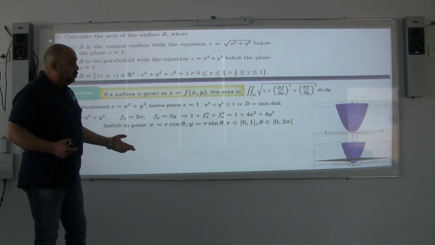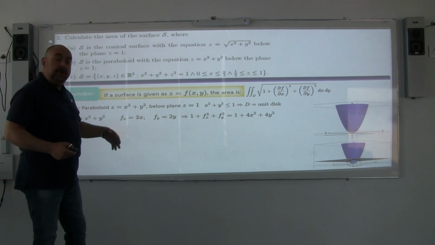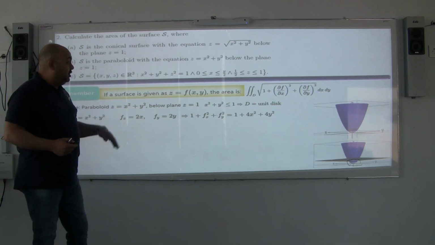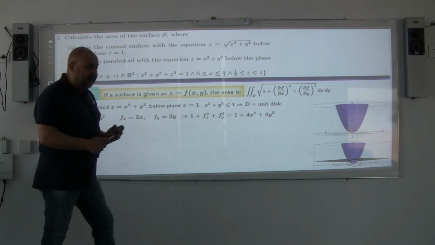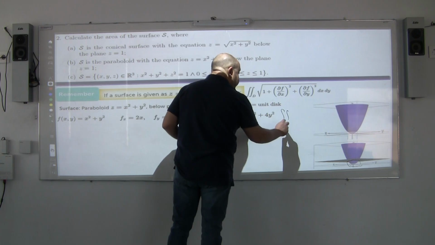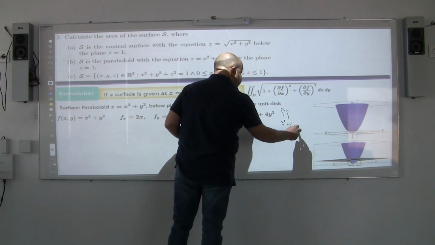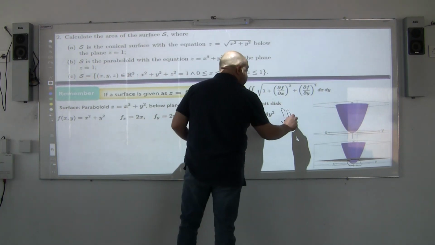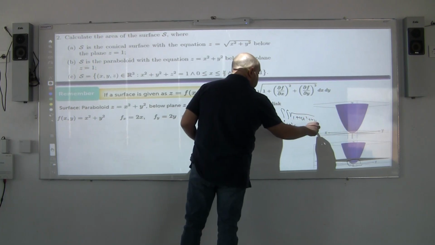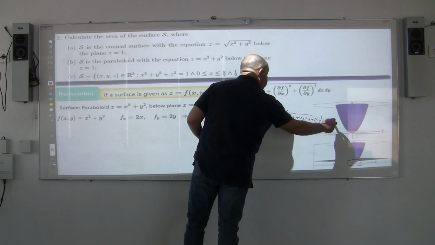So I can parameterize everything, or change the variables to polar, because at this point I'm really ready to integrate. Here we go, that's the region, which is x squared plus y squared less than or equal to 1. And this is the square root of 1 plus 4x squared plus 4y squared dx dy.